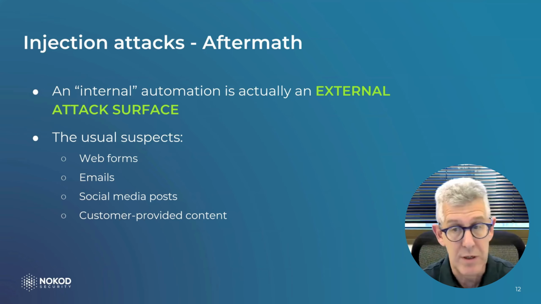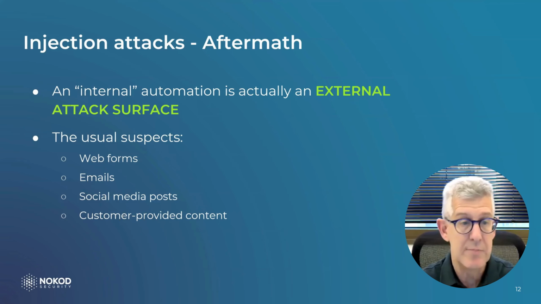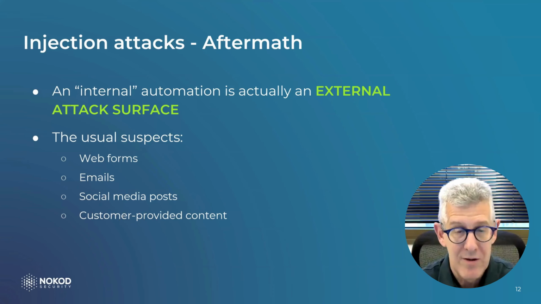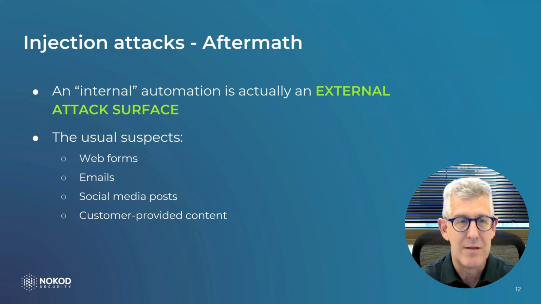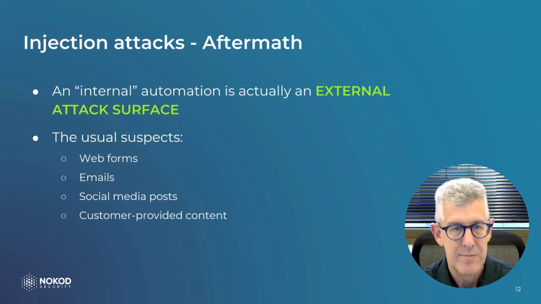Other examples could be emails that are used to trigger the flow, social media posts, customer provided content like ERP tickets and stuff like that. So while we think of these platforms as internal automations, we need to bear in mind that they connect external attackers to critical enterprise data.